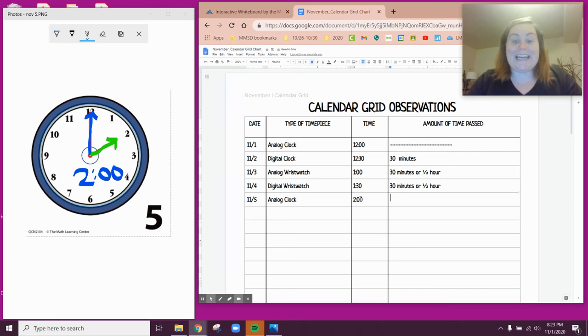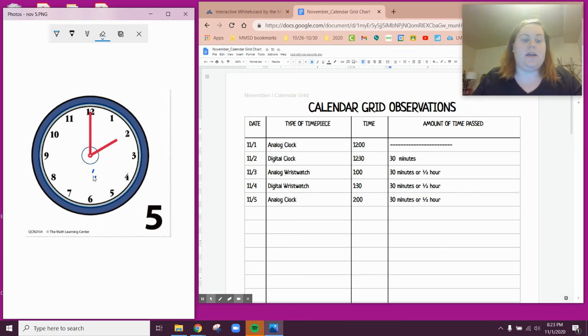And once again, how much time has passed? If you look above, it's going to be the same answer as yesterday's too. It is 30 minutes, or a half an hour. The reason we say a half an hour is, if you look at the clock, okay, I'm going to erase this right now so we can think about this.